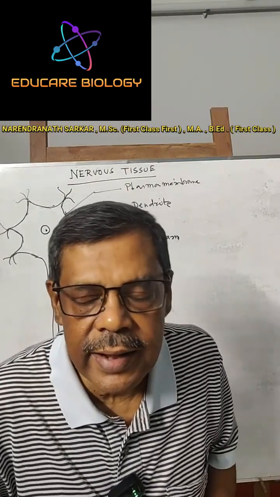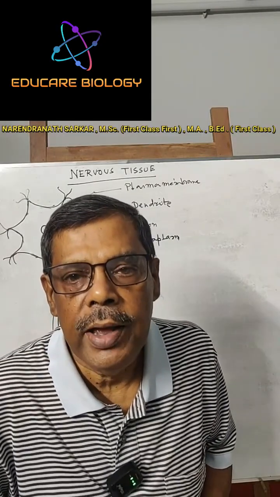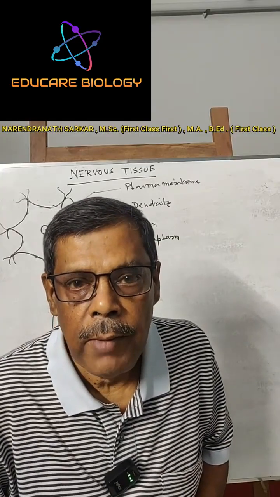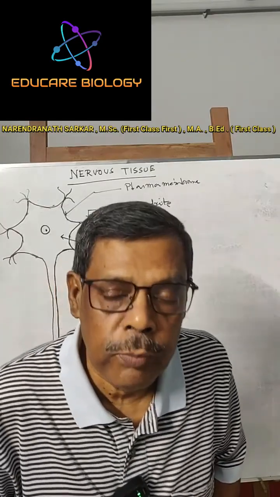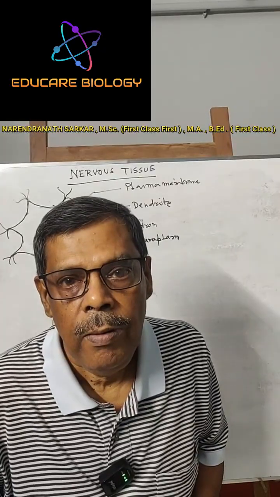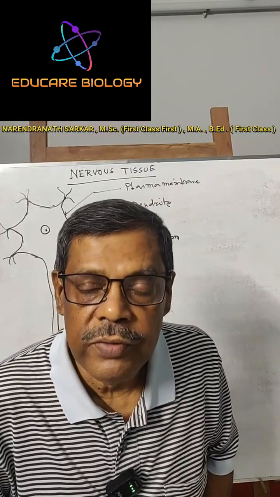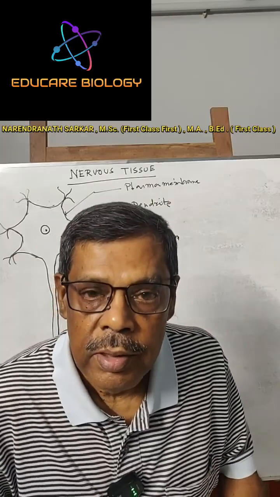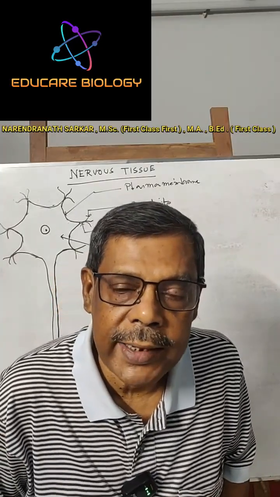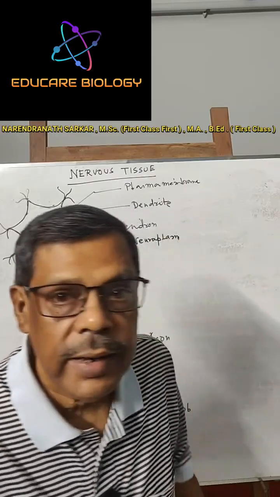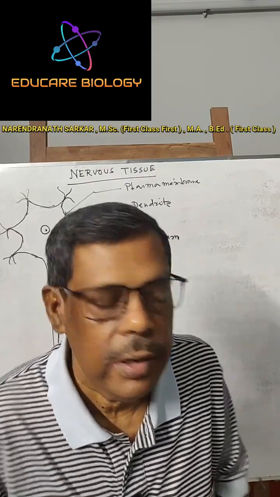Then other cell organelles, that is mitochondria, Nissl bodies, microtubules, rough endoplasmic reticulum. Next, neurofibrils or Golgi bodies are present, but no active centrosome is present, so it cannot divide after maturity.